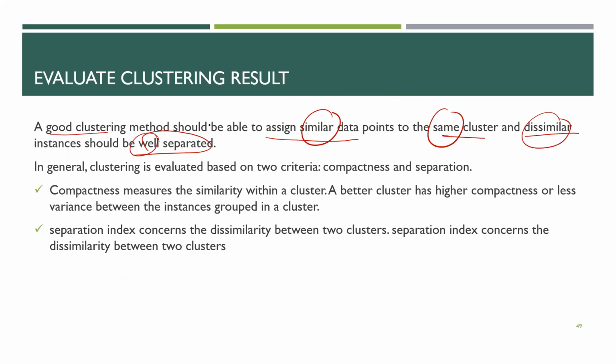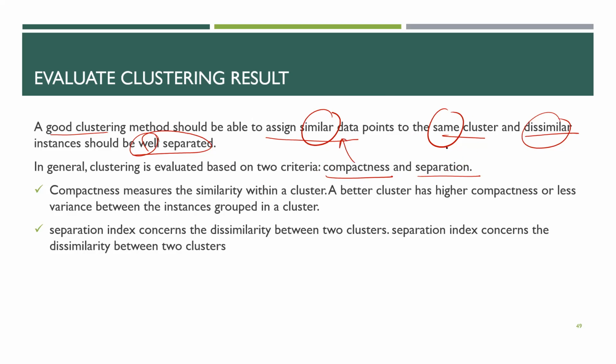In general, these two ideas are interpreted as two criteria. They call them compactness and separateness. Compactness is a representation of similar data in one cluster.